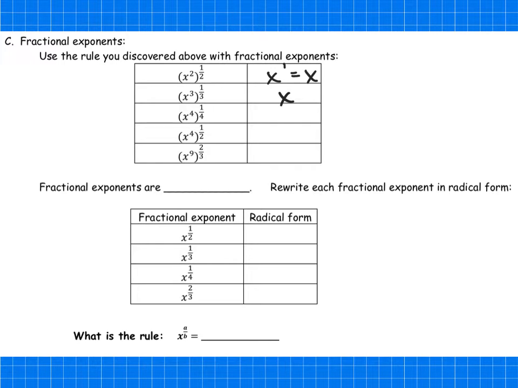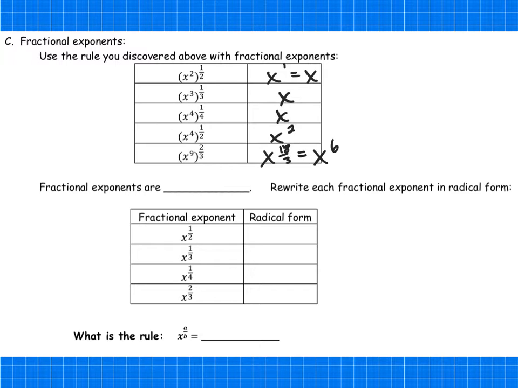This one, however, is going to be x to the 2nd, because 4 times 1/2 is 2. And the last one, I'm going to have x to the 18/3. That's really not written well, which is x to the 6th.